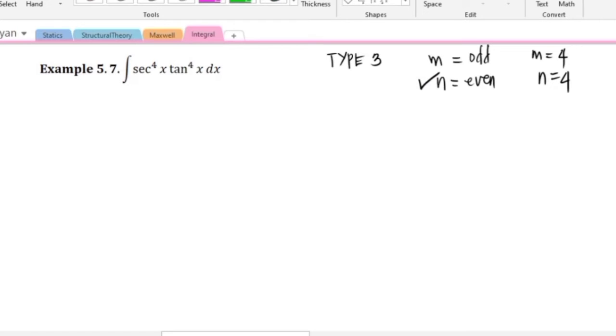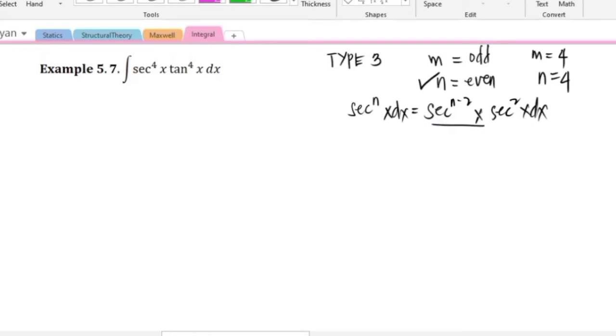Now, pag ganito yung case that the exponent of the secant is even, magpa-factor out tayo ng secant square. So, we have here secant n minus 2 x secant square x dx.